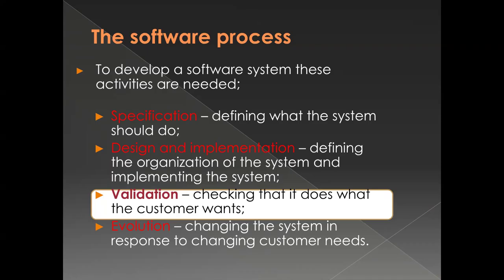When a company needs software, they request and discuss and take an agreement to develop software by the software company. So what the software company does is define what the system should do.